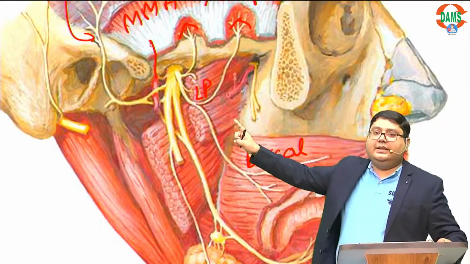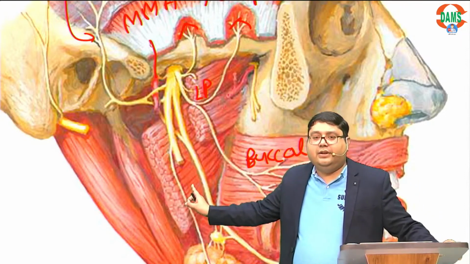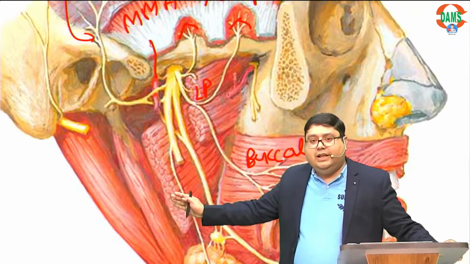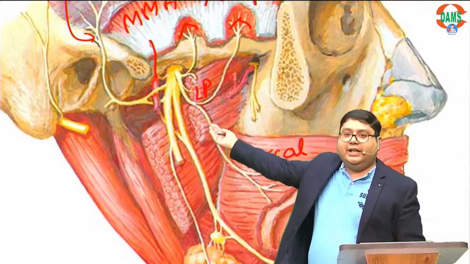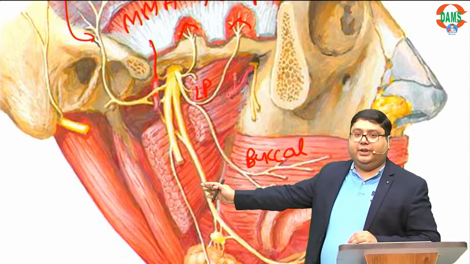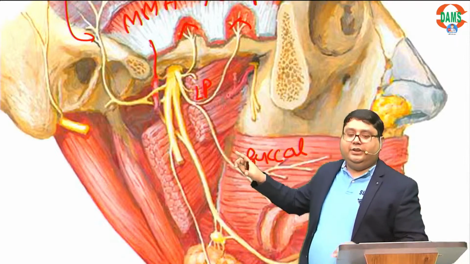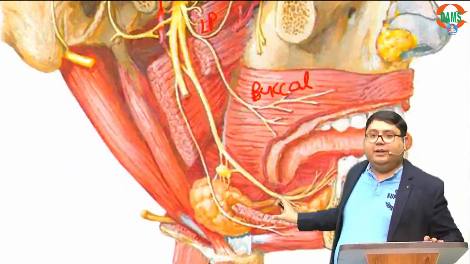This muscle is the lateral pterygoid and this muscle is the medial pterygoid. But for the medial pterygoid, the branch will be given from the medial aspect. I will show you another diagram from the medial aspect. Right now we can't see that. Okay. So the lateral pterygoid is getting the branch from here. And you see here we have cut the bone.